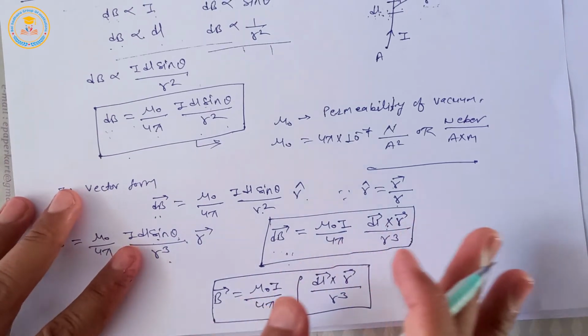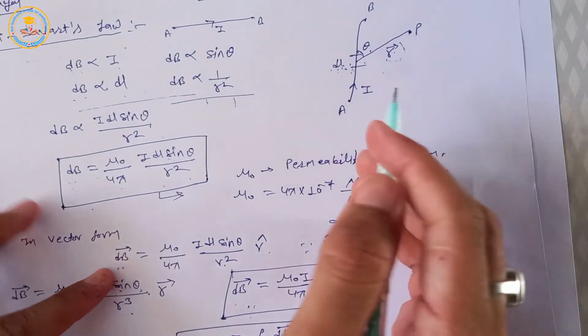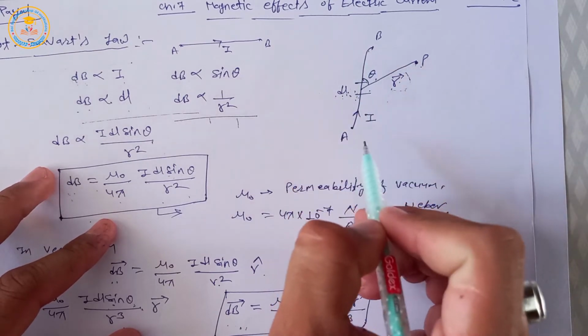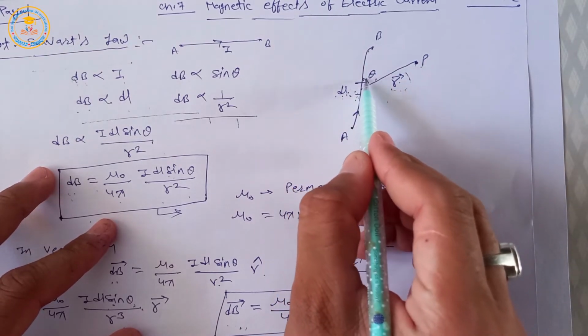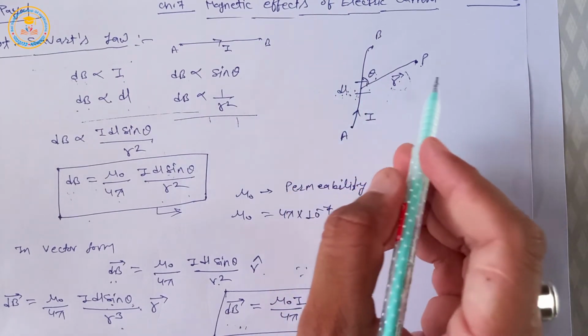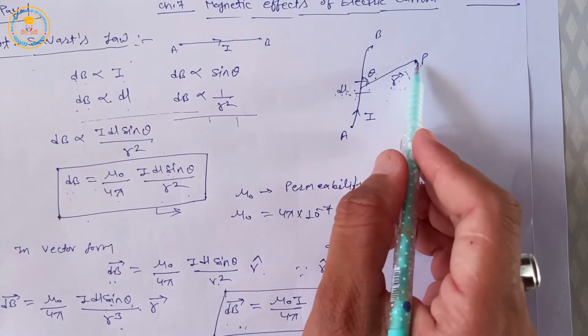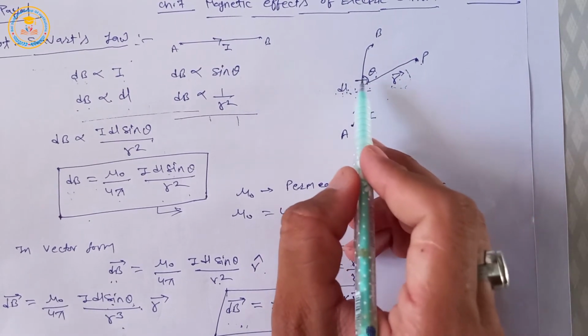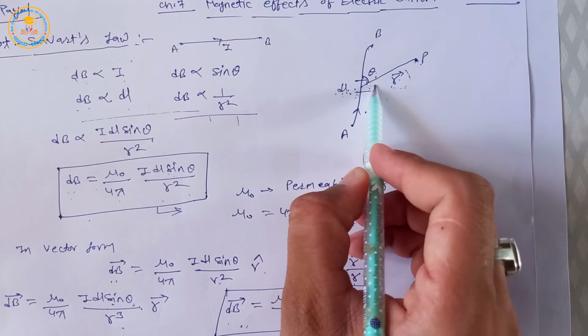Now we take some special cases. First, if point P is located on the axis of this wire, it means in this case theta is equal to 0. And second, if P is located perpendicular to this wire, it means in this case theta is equal to 90 degrees.